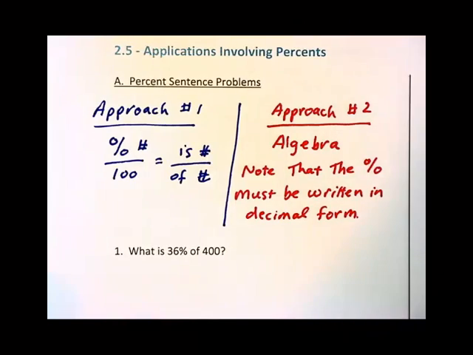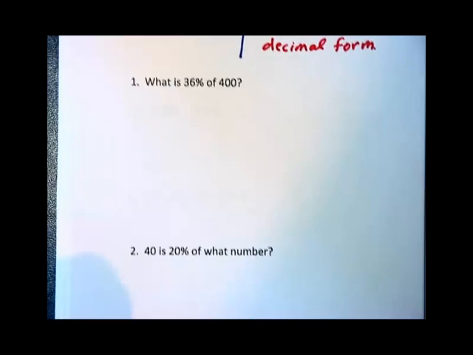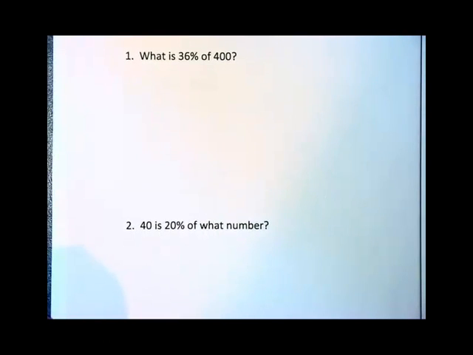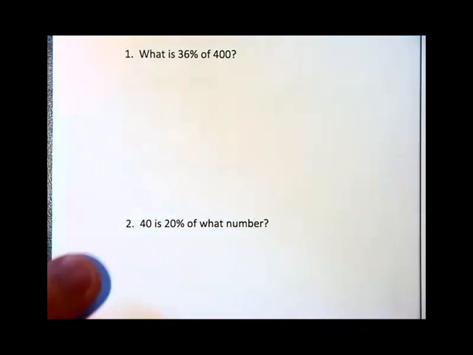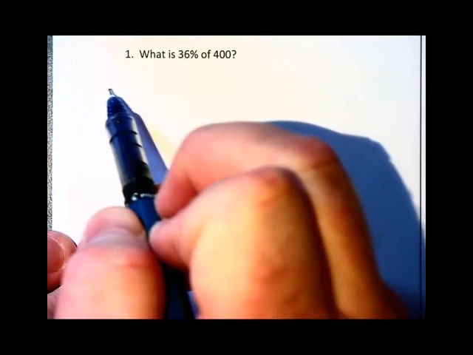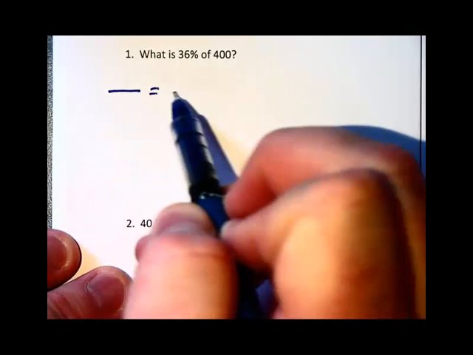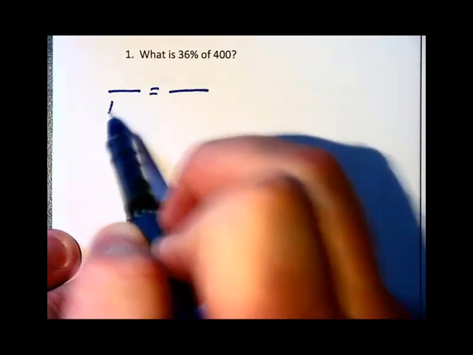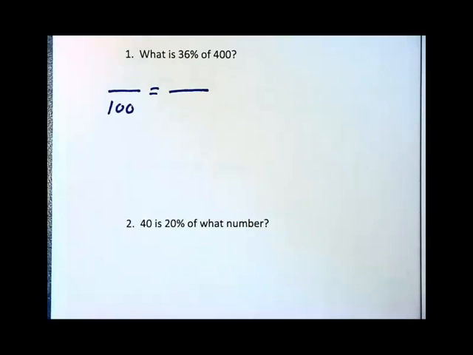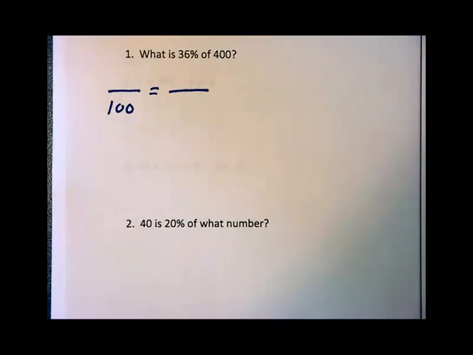Here we go with our first problem. I'm going to take approach number one and do all 3 problems, then we'll take approach number 2 and do all 3 problems. With approach number 1, we begin by writing fraction over 100 equals blank fraction. What is?